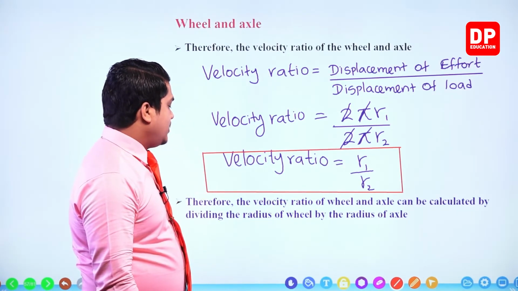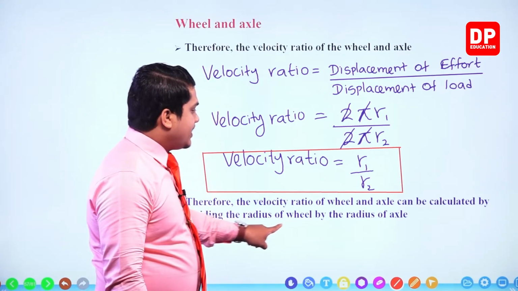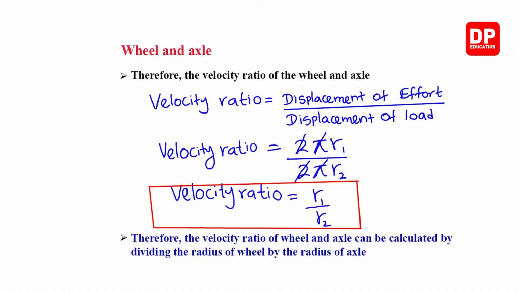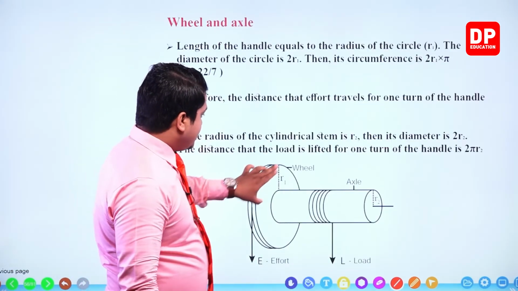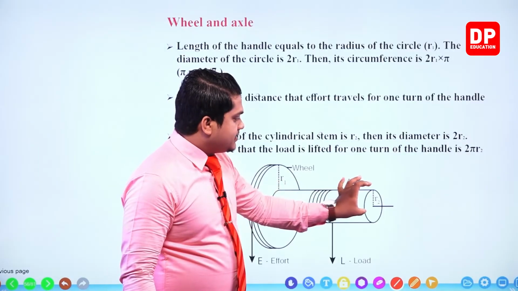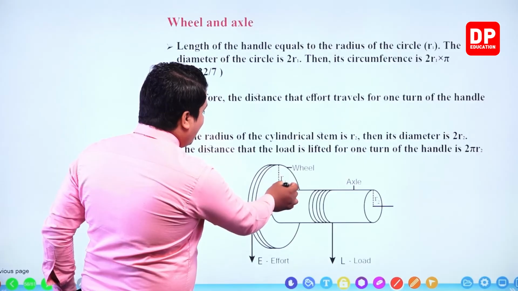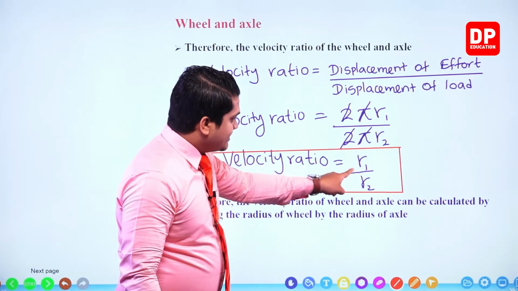R1 is the radius of the wheel, my dear children. And R2, that's the radius of the axle. See, this is the wheel, this is the axle. So the radius of the wheel is R1.